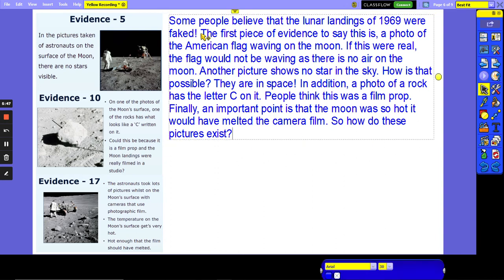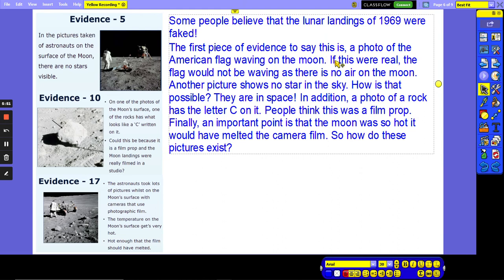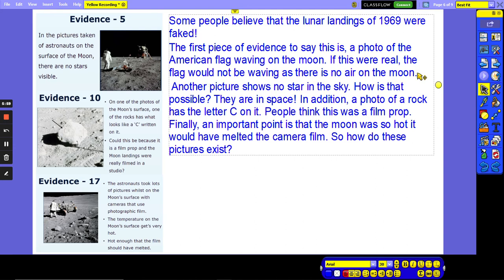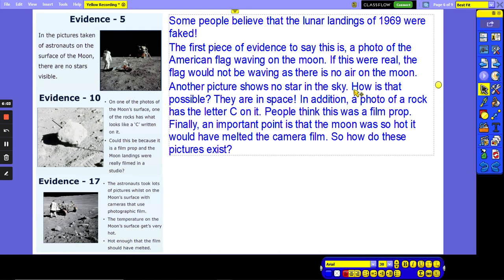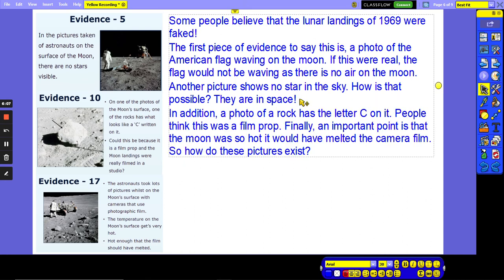So I've got my introduction. Some people think it's faked. I've got, there's no air, so how's the flag waving? I've got no stars in the sky. I've got a photo with the letter C and that it was too hot.